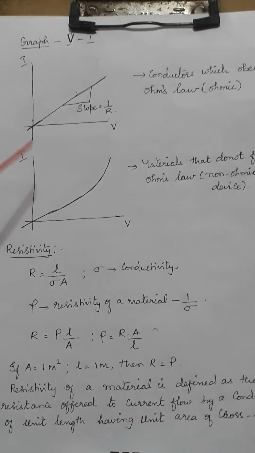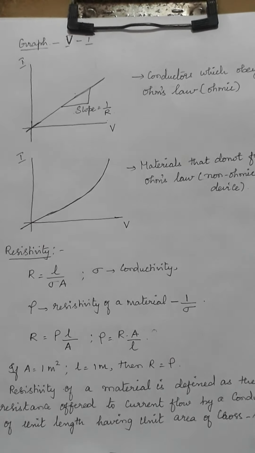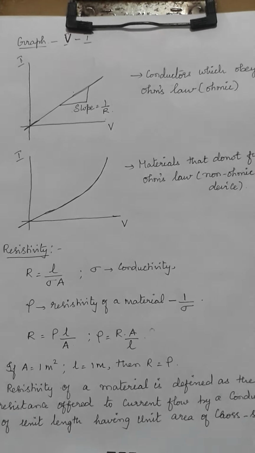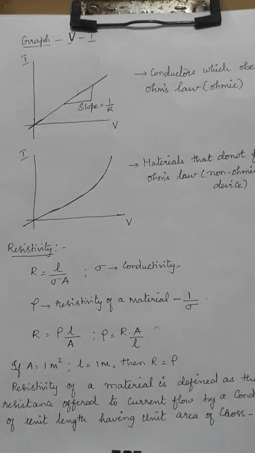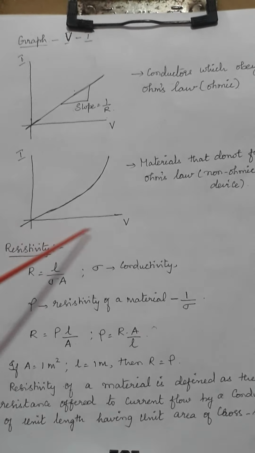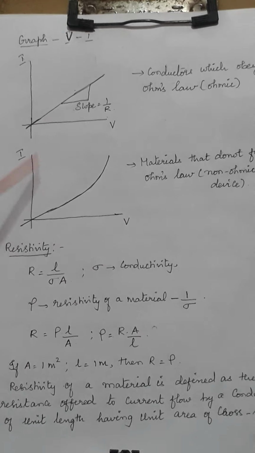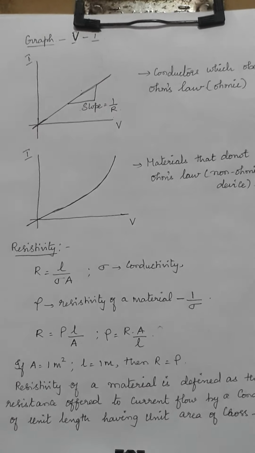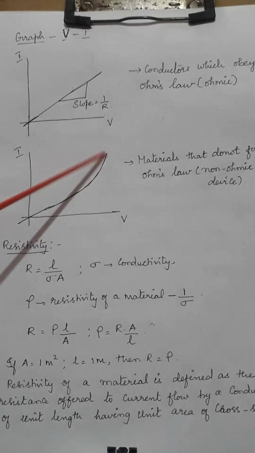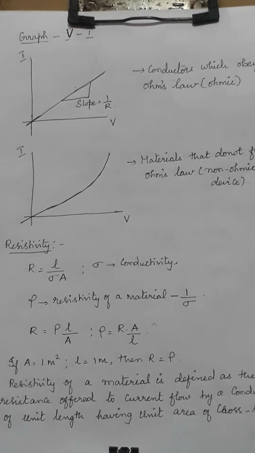But there is another graph which can be seen in certain materials, which are generally used in electronics when you come across them. There, when a graph is drawn between the potential and the current, the graph is not going to be a straight line. Instead of that, you get a curve. So the curve says that it is not going to obey Ohm's law.